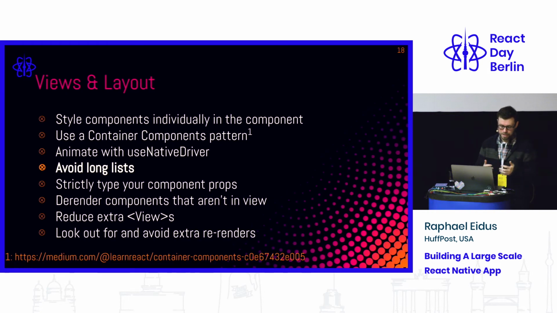And then, as with all React projects, avoid extra re-renders. They seem to be a little bit more costly in React Native. So memoize your component data selectors, use pure components when appropriate, and definitely rewatch Jean Remy's presentation from earlier today about performance debugging, because it's great.